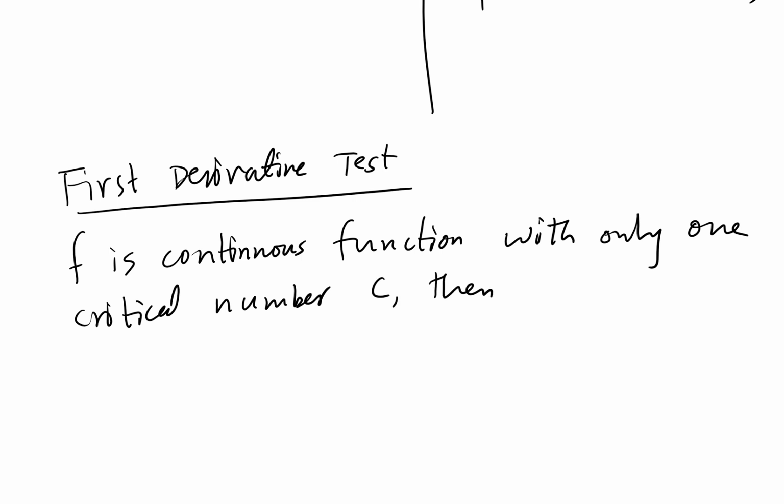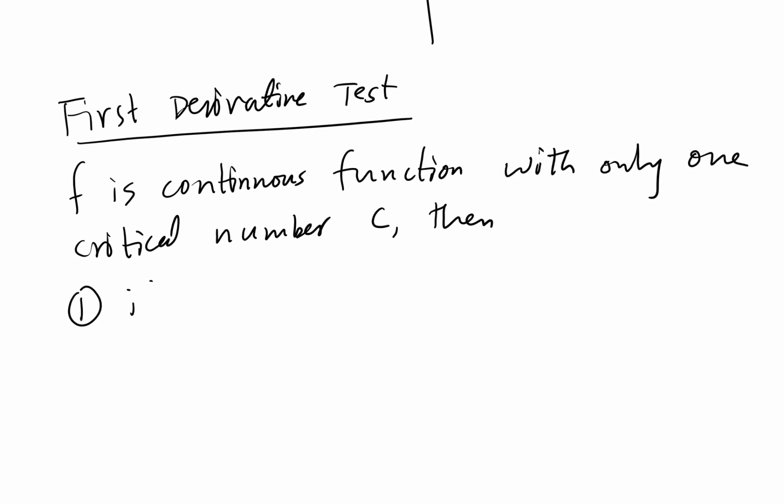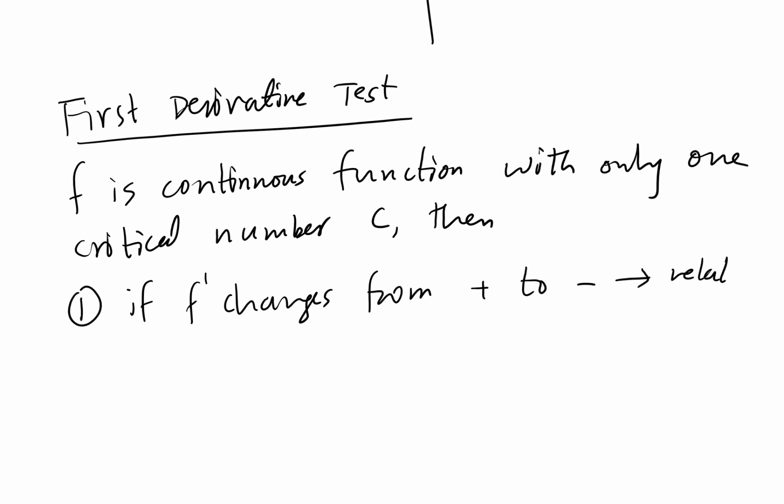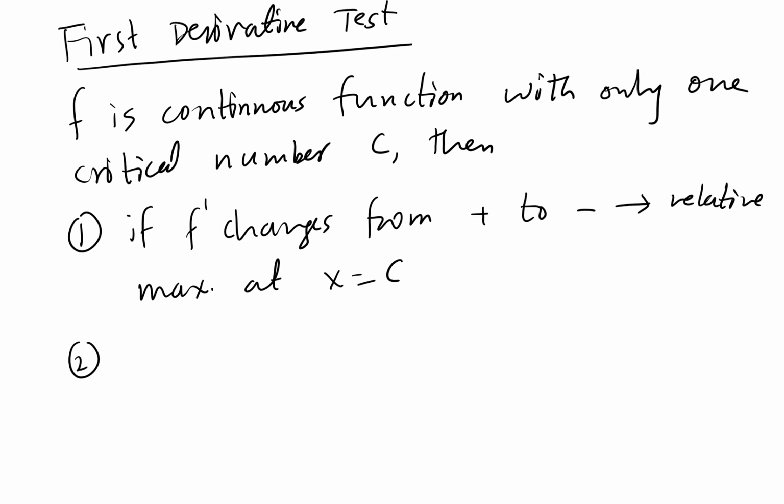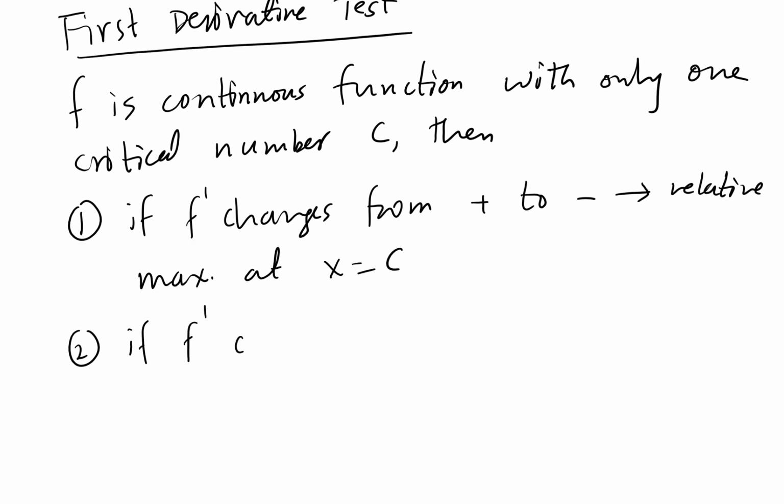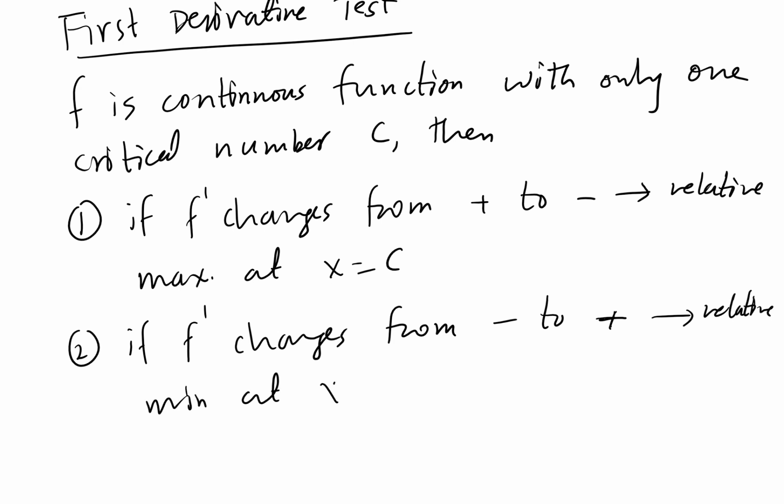Then, first, if f prime changes sign from positive to negative, then there's a relative maximum at x equals c. And I'll explain on the graph what it means. If f prime changes sign from negative to positive, then f has a relative min at x equals c.